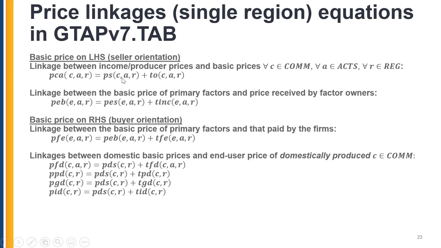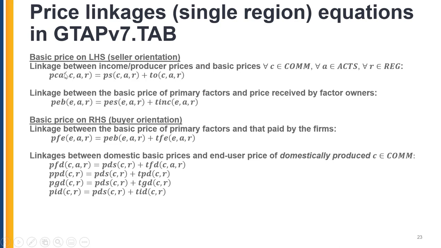Here the firm has something to sell and the output can be taxed, or here the owner of an endowment is trying to sell it and they face an income tax before you get to the market, or here the commodity by activity price before you get to PDS.